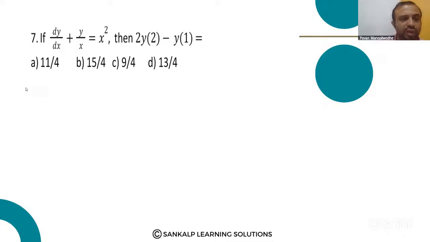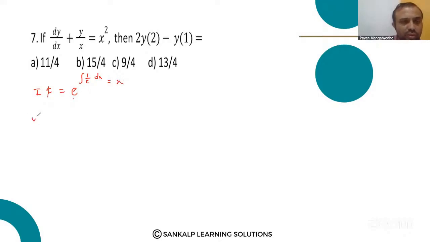So try to find the integrating factor here. The integrating factor IF is of the standard form, e raised to the integration of 1 by x dx, which is x.